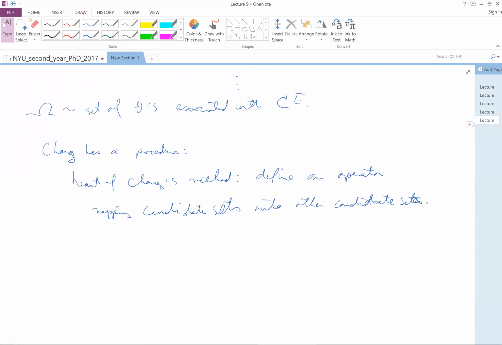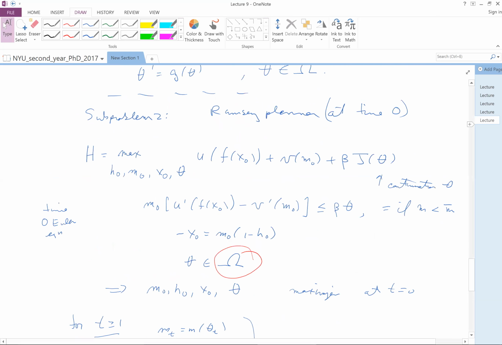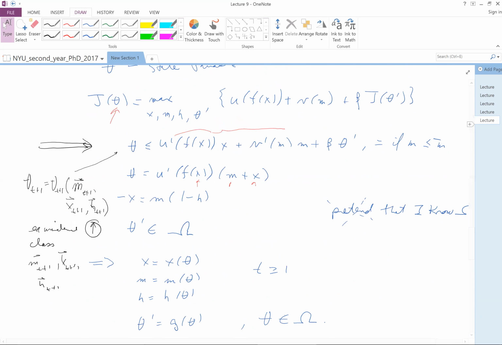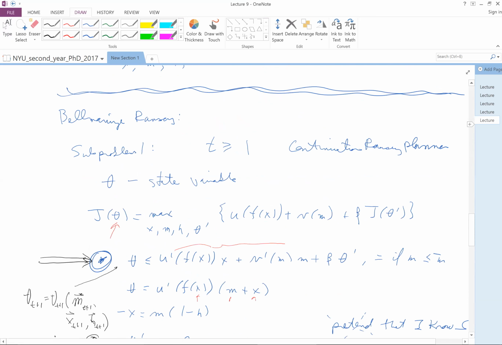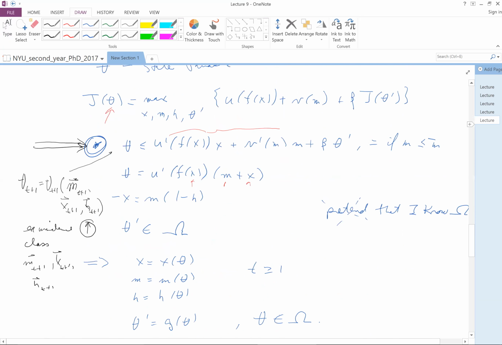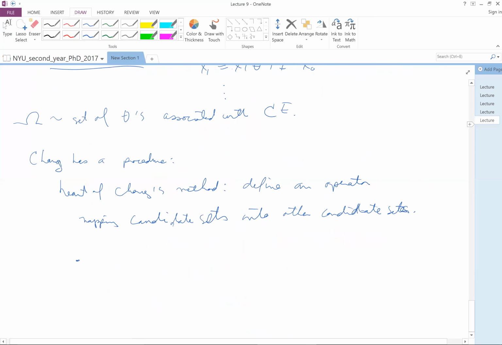Okay, so he's going to have a strategy. This is going to be the heart of the strategy. And what's going to be key here is this Euler equation, this thing right here. That's going to play a key role.